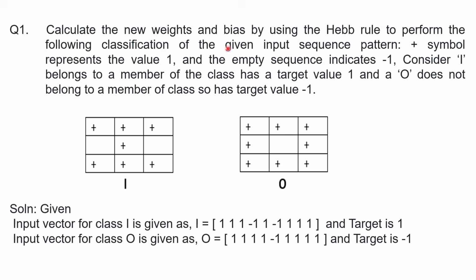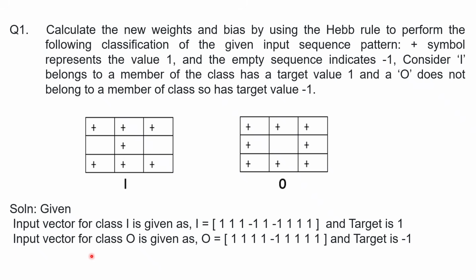So it is stated in our numerical that the plus symbol is represented by the value 1. So all the plus we can represent by giving a value 1 and the empty sequence we have to denote as minus 1. Now we shall generate the input data for the given sequence pattern I and O. So the input vector for class I is 1, 1, 1, minus 1, 1, minus 1, 1, 1, 1.